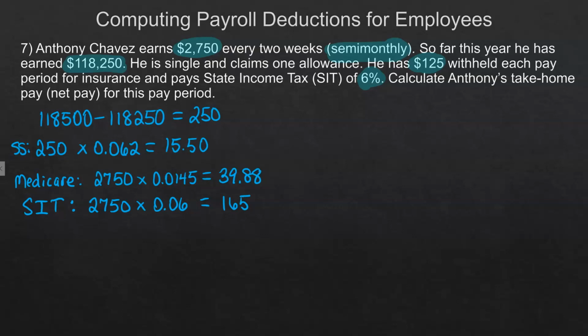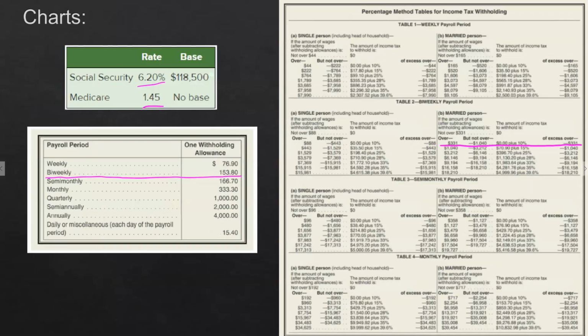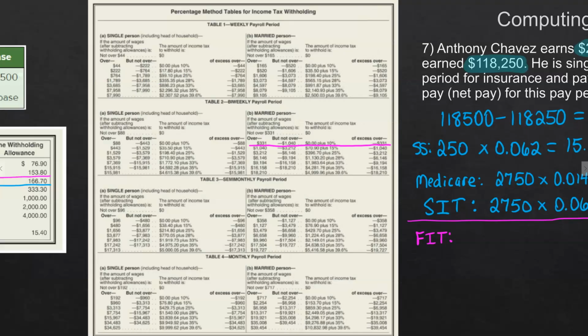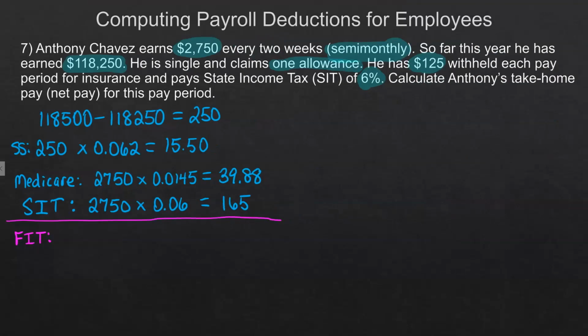And now let's go to FIT. Okay, so there is, I don't think, one allowance. I kind of missed that. There's one allowance, and it's semi-monthly. So we go back to this chart and we see that semi-monthly is going to be, that's semi-annual. How about semi-monthly? We're going to get an allowance of $166.70. So we take $2,700 minus $166.70.